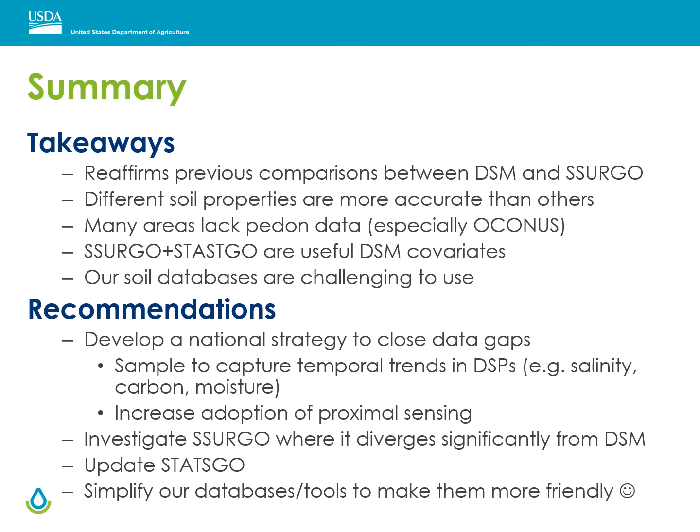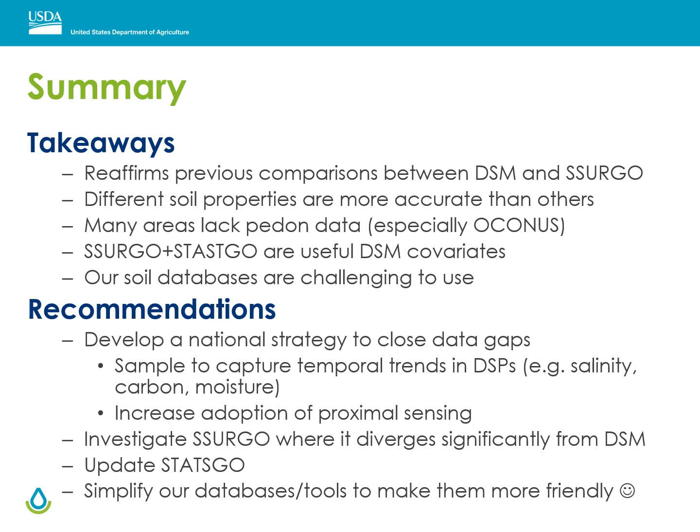So how to address these takeaways? My co-authors and I propose the following recommendations. For starters, since most DSM approaches rely heavily on georeferenced point data, we think we need a national strategy to close the gap in our point data. In addition, we need to start sampling areas at a recurring frequency so that we can capture temporal trends in dynamic soil properties that are known to change, such as salinity, carbon, and moisture.